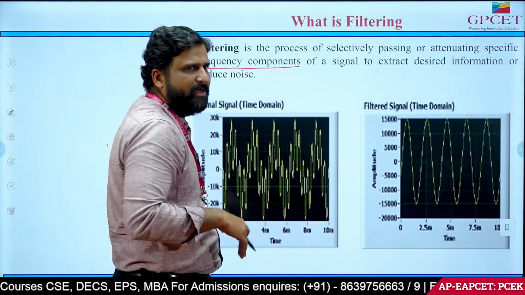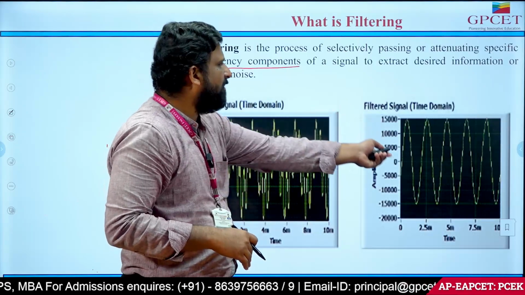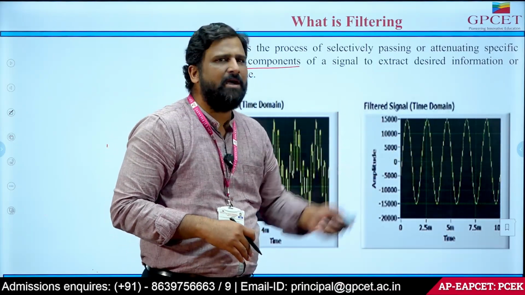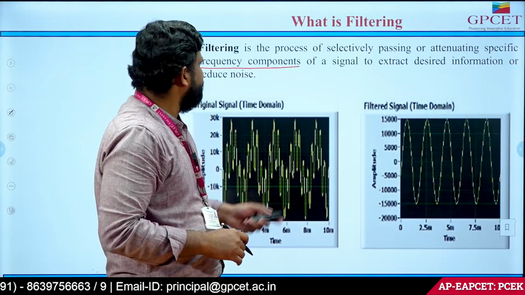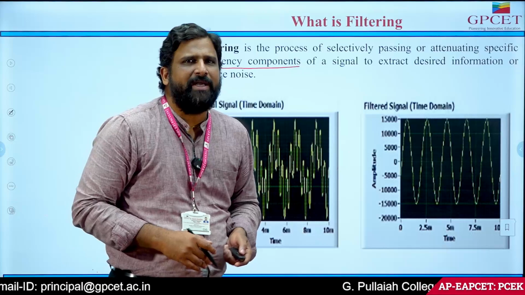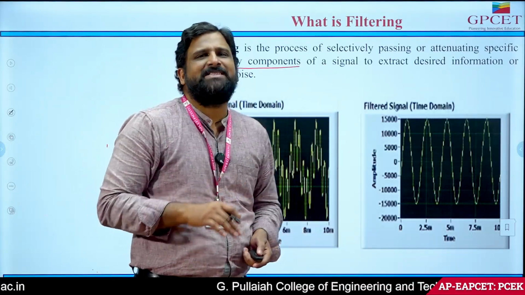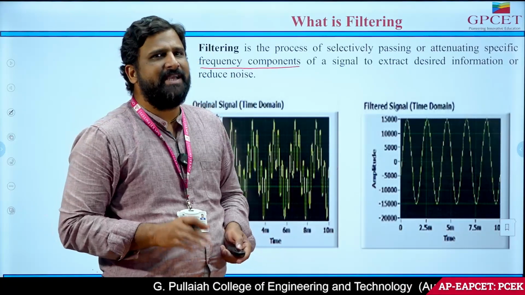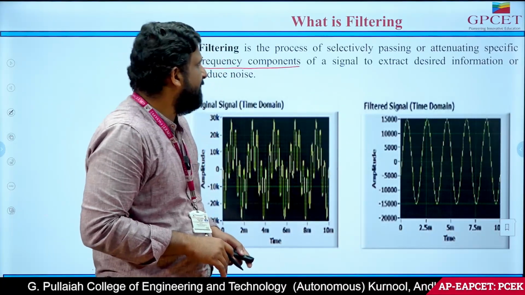You can see the difference between both signals, the signal affected with noise and the output signal we obtained at the system after filtering. So filtering is the process of selectively passing or attenuating some specific components to extract the desired information at the output side. This is filtering.